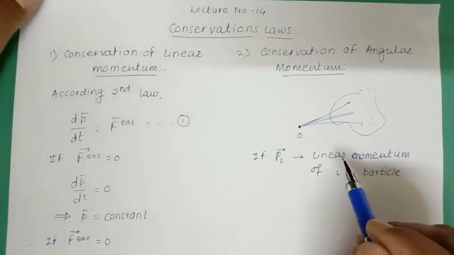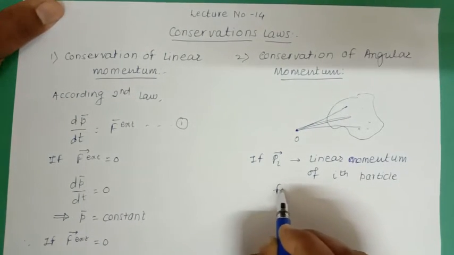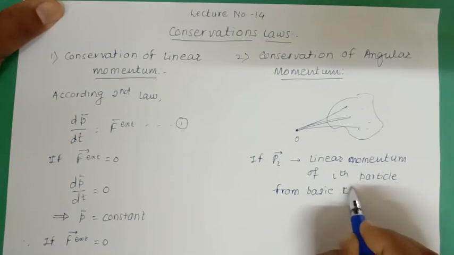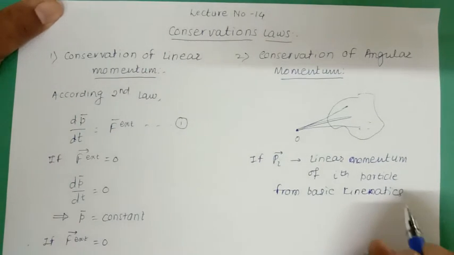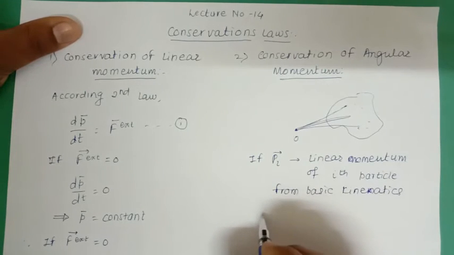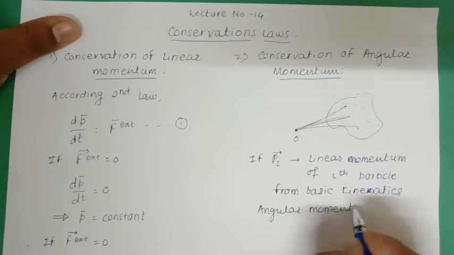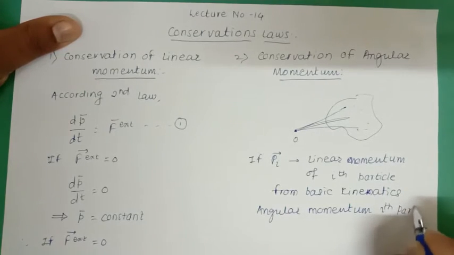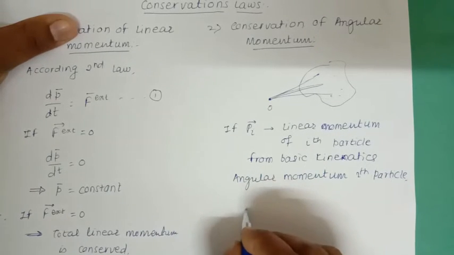So how do we represent the angular momentum of the particle? From basic kinematics, what is the relation between linear momentum and angular momentum? The angular momentum of the ith particle is Li.